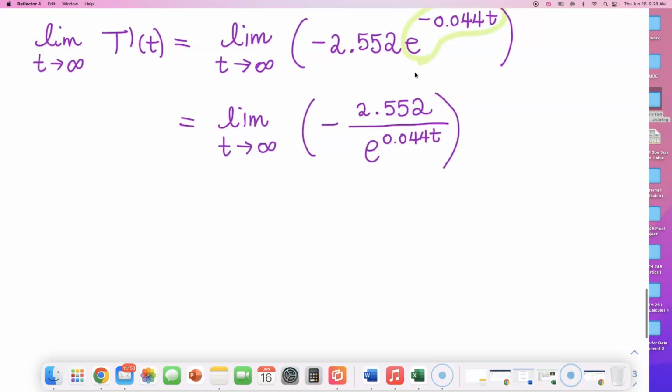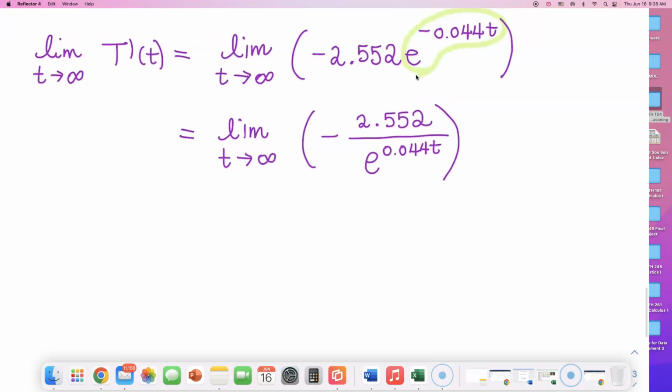Now look at that. If you were to plug in this infinity here, what will happen to the denominator? The denominator will get super big, right? So what's this limit going to turn out to be? We're going to be dividing negative 2.552 by a large number.